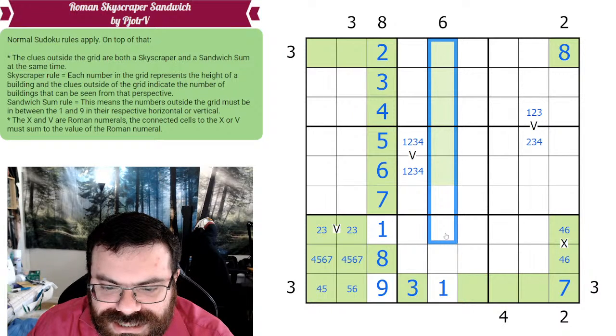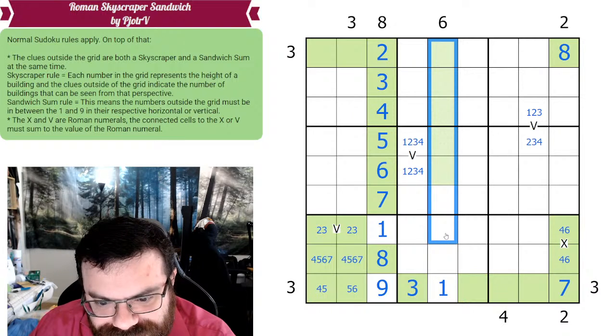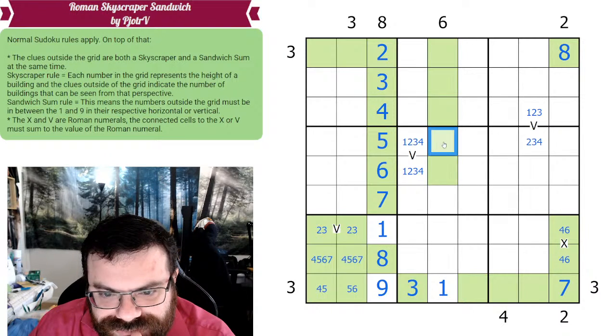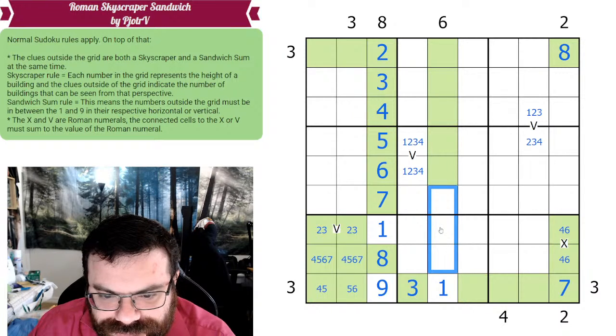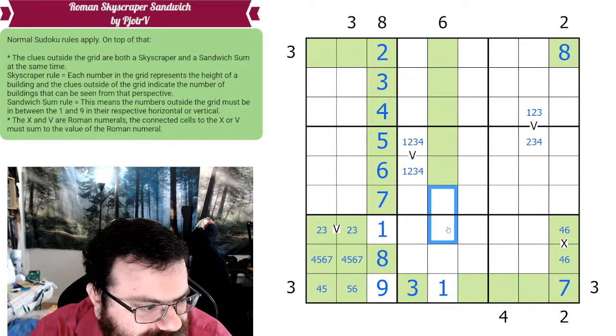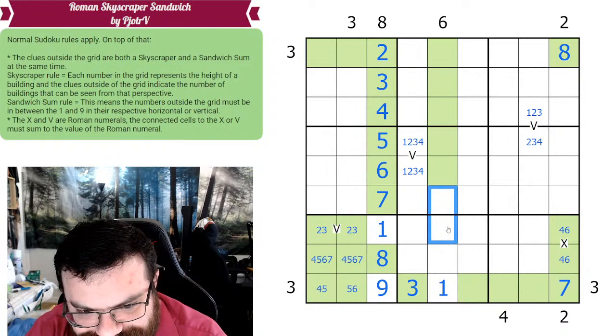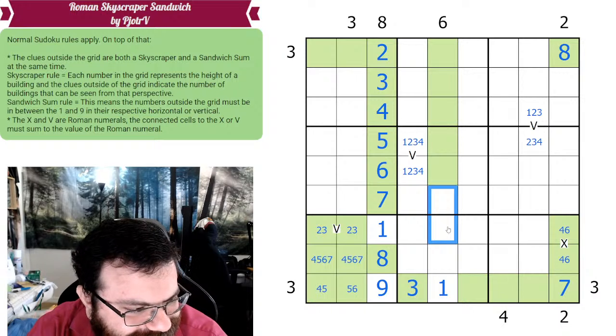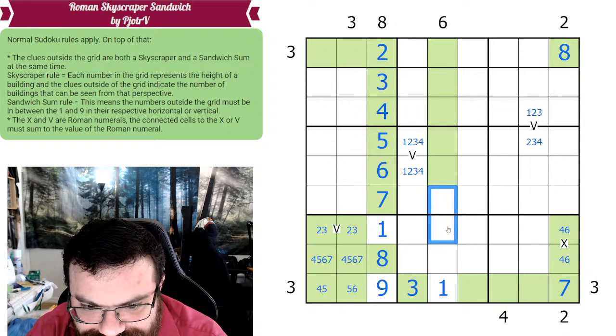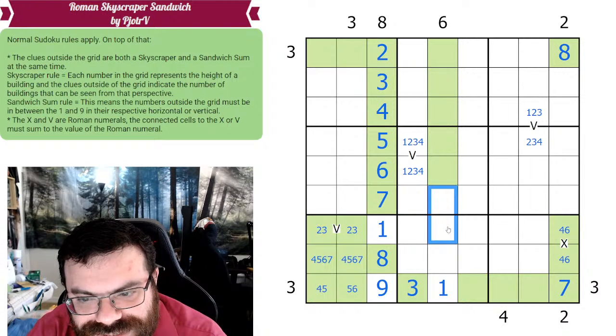Let's see, the 9 has to hide. Oh, do we have to? The 9's going to go on one of these 3. Obviously. Not here, though. So the 9's one of these 2. But can we roll out? How do I think about this?